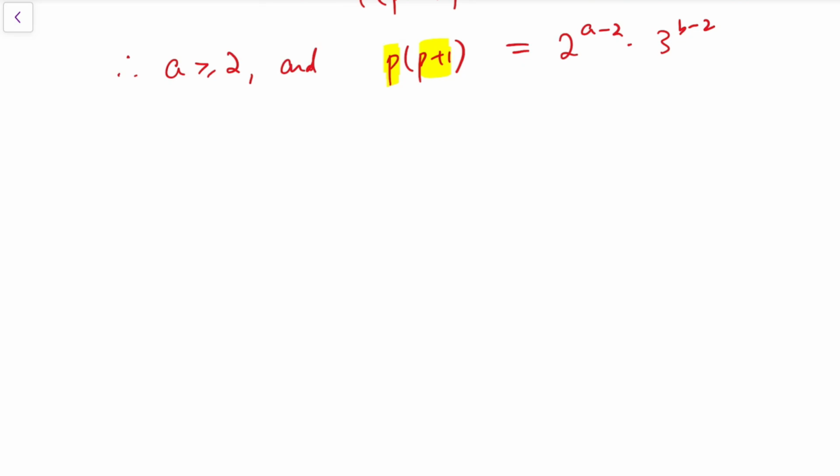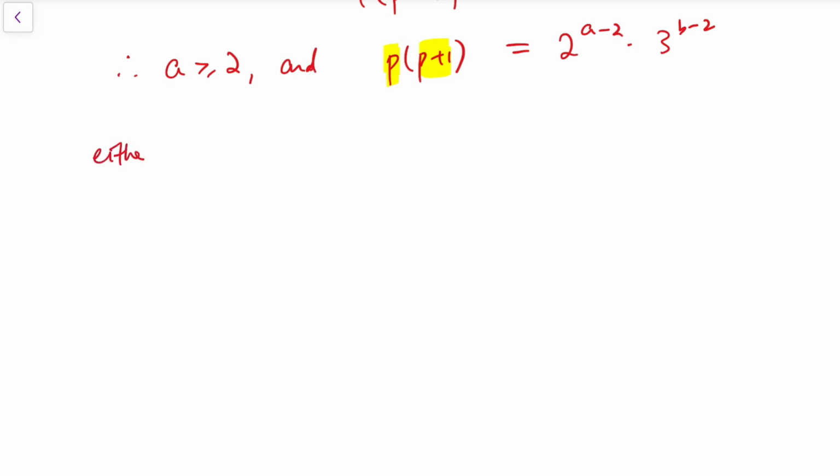So that means each of these terms, p and p plus 1, have to be a perfect power of 2 or 3, or one of them has to be 1, and then the other expression takes all the factors.